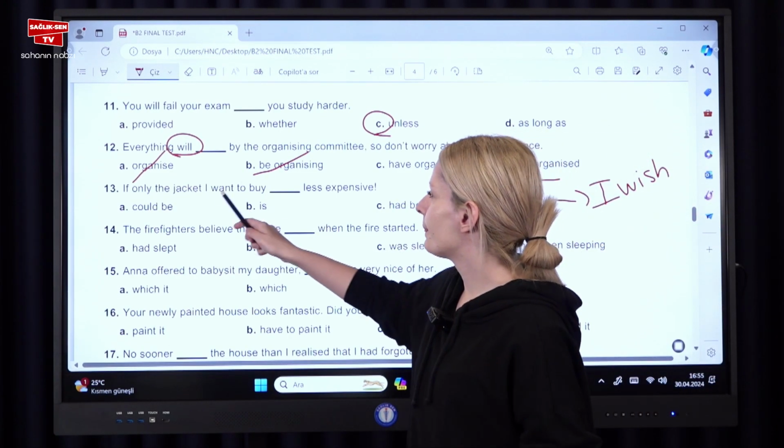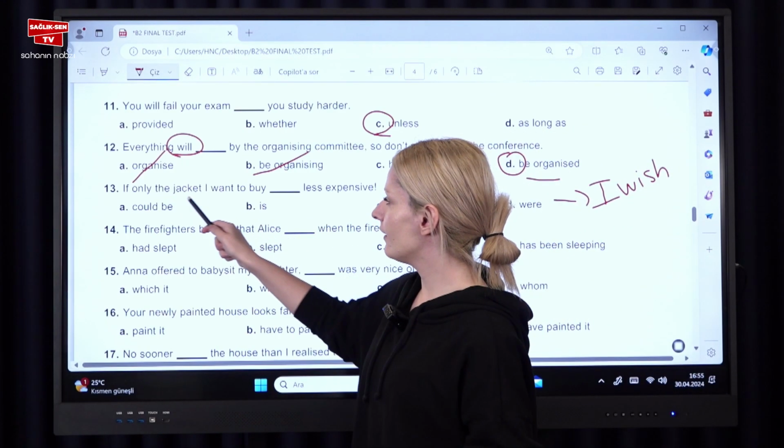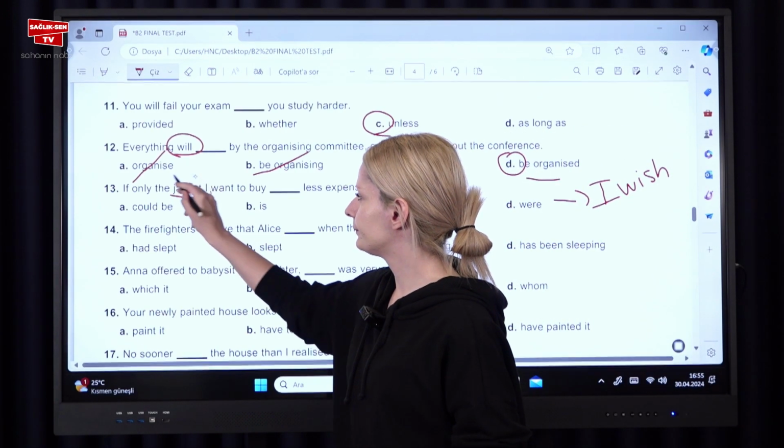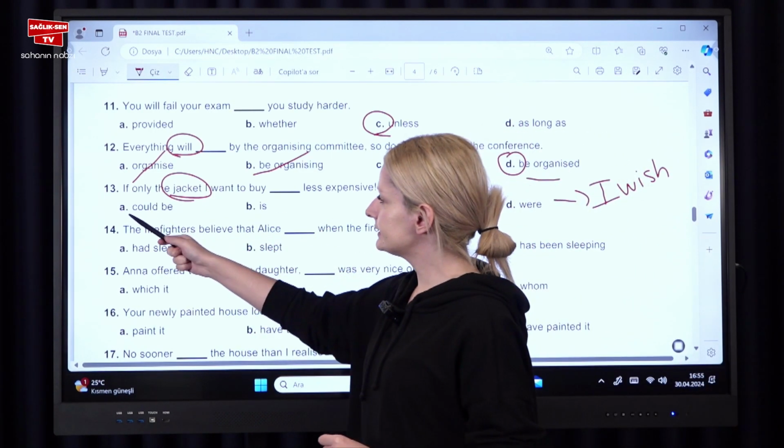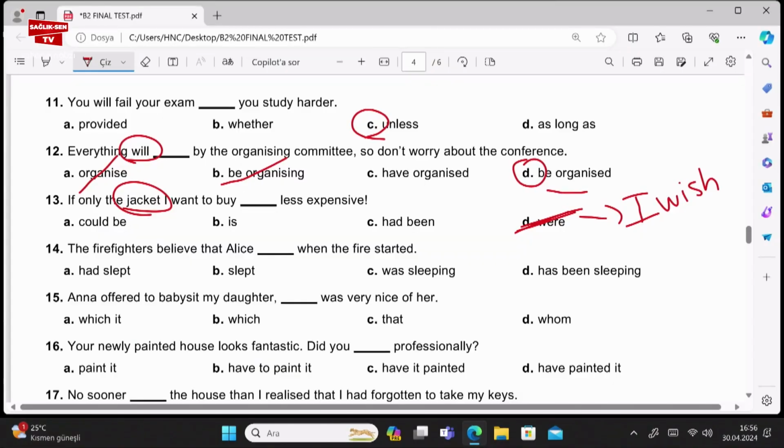So we have a singular noun here. This where would be definitely incorrect because our noun here is singular. So our choice would be had been is also incorrect in this case. B is the correct form.